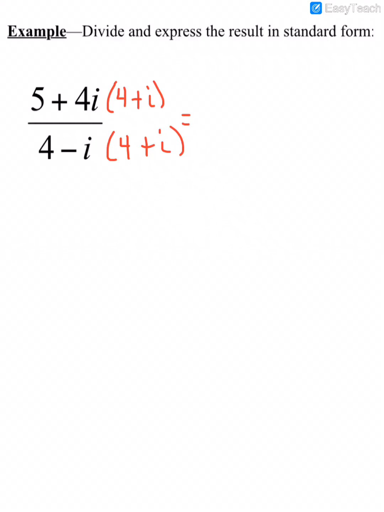Okay, so let's do this. I'm going to start with the numerator. So these are two binomials, so I'm going to FOIL, and that gives me 20 plus 5i plus 16i plus 4i squared.